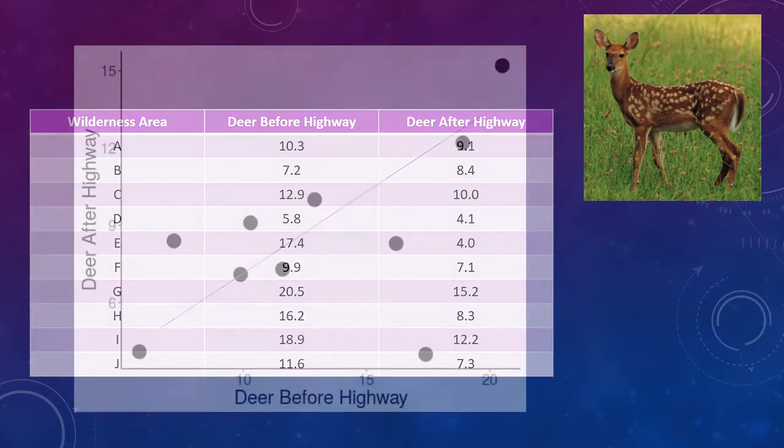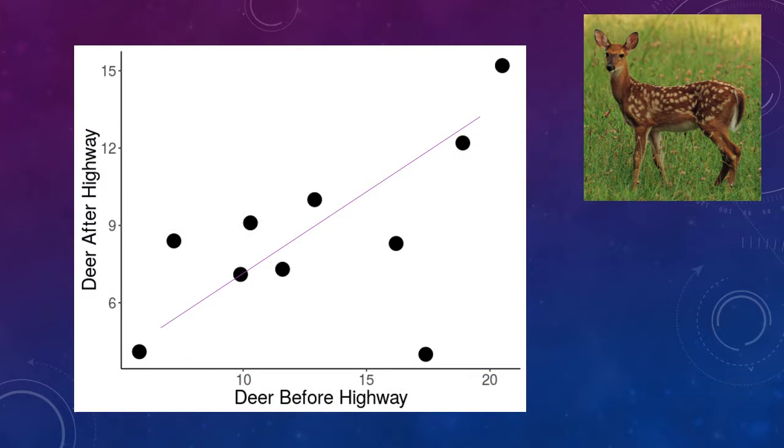Wilderness districts have different characteristics that affect how many deer are present in the district. Things like the amount of tree cover, forageable food, water access, and so forth. Many of these characteristics won't change once the highway is built, so wilderness districts with above average deer counts before the highway is built are also likely to have above average deer counts after the highway is built, even if the average deer population increases or decreases across all the wilderness districts.